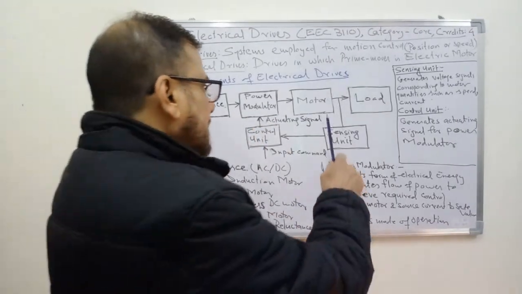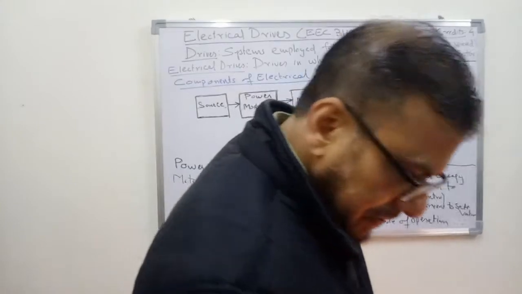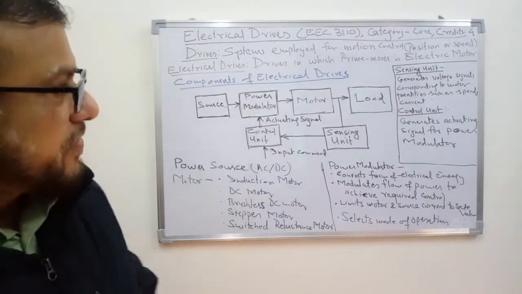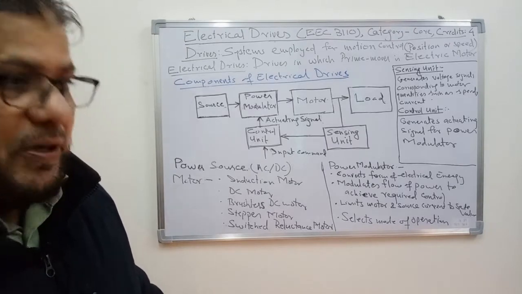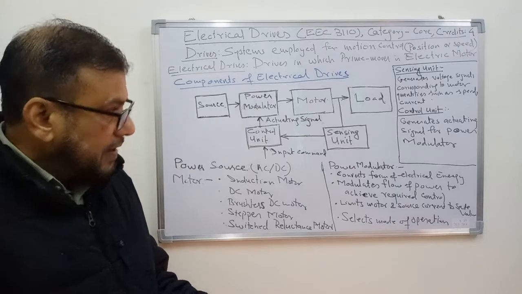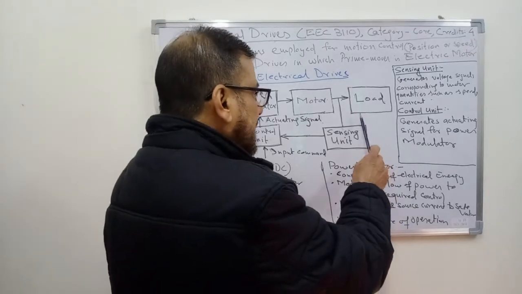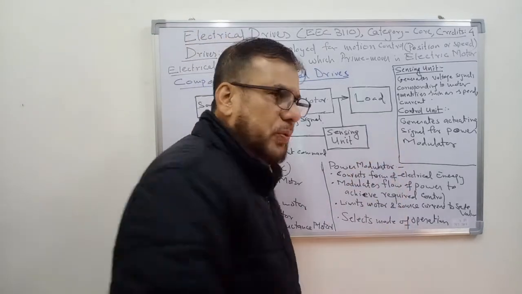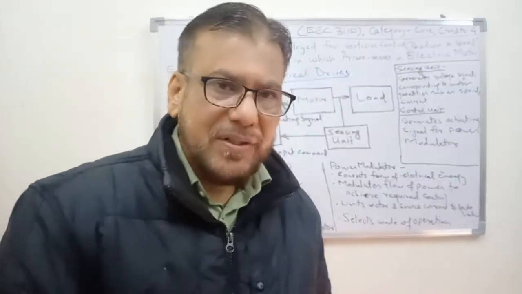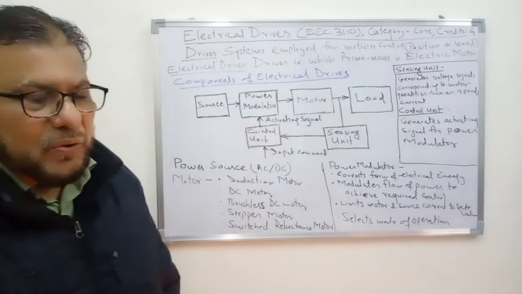Now here in the syllabus, which has 4 units, the first unit will discuss the fundamentals of electrical drives. In this we shall learn what are the various types of loads. Some loads are constant torque loads, some loads are variable torque loads.